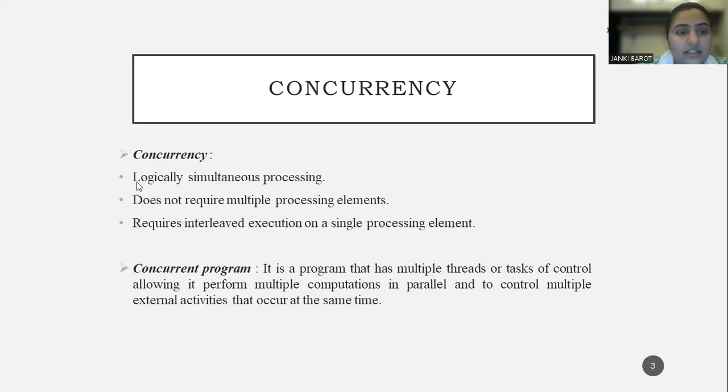So logically we can see that concurrency is a simultaneous process, right? It does not require multiple processing elements, and it requires interleaved execution on a single processing element.